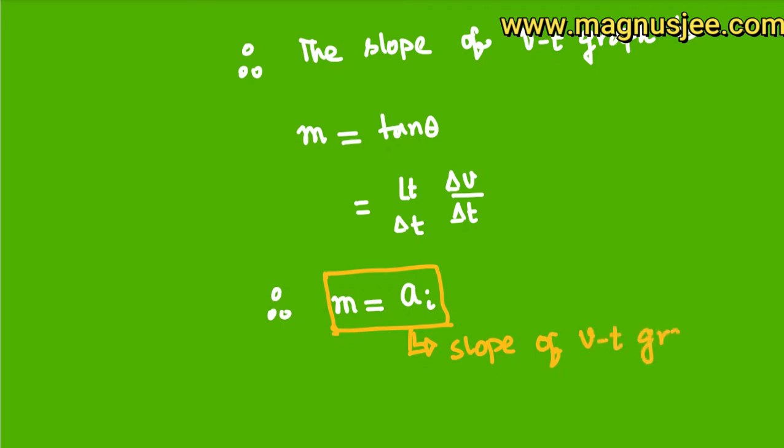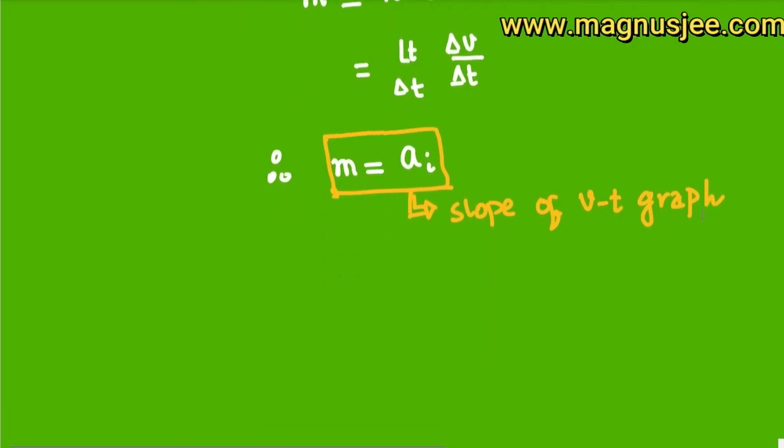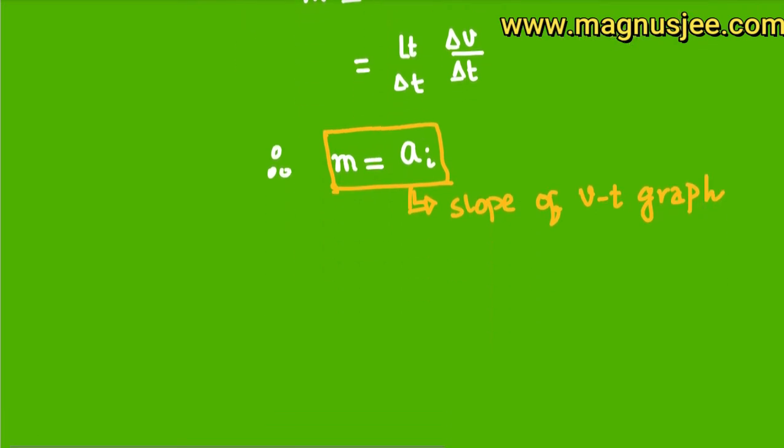Which is what? The slope of the velocity time graph.